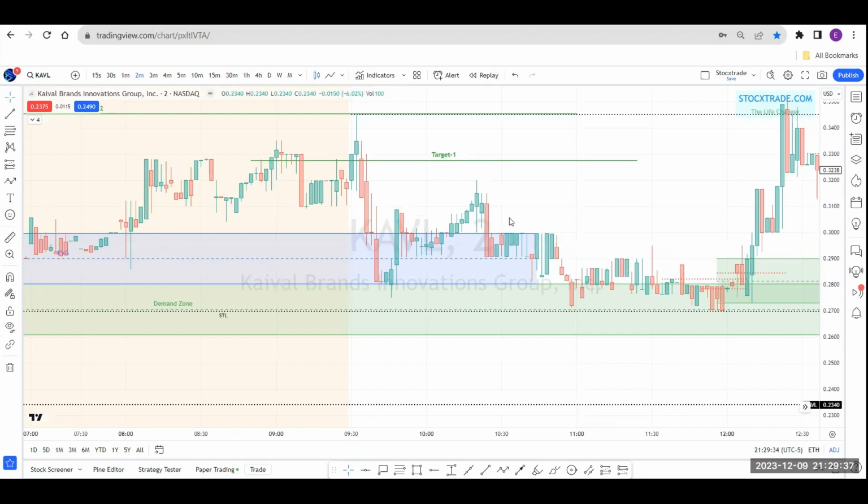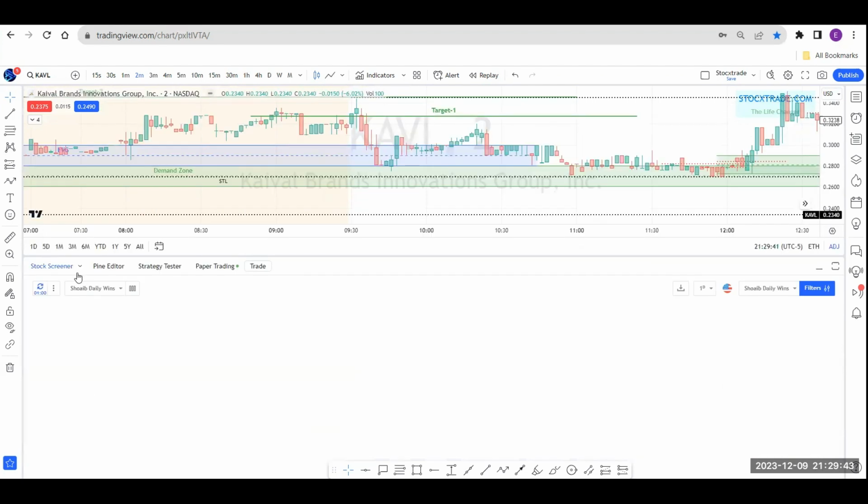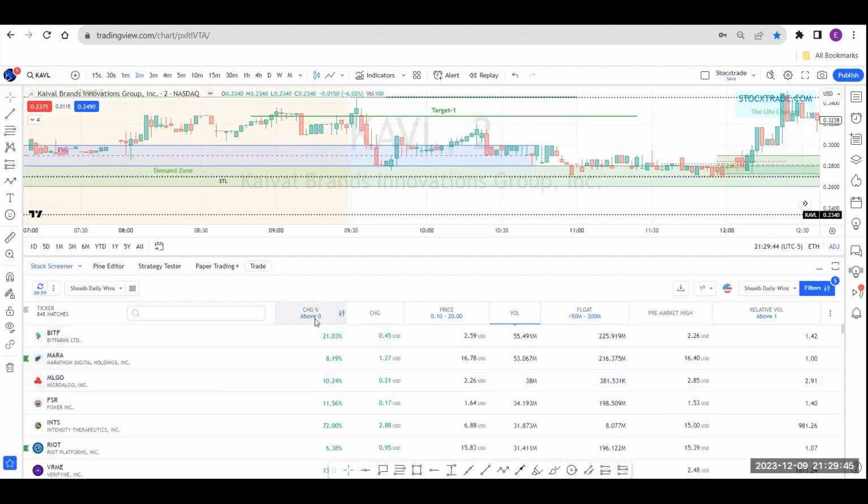Okay, what we have left behind is how to scan and trade momentum. When you watch the video, you can filter out these values. Where can you add this filter? There are 5 filters. Just go into the 3 dots. Once you do the change percentage, it will pop up here.